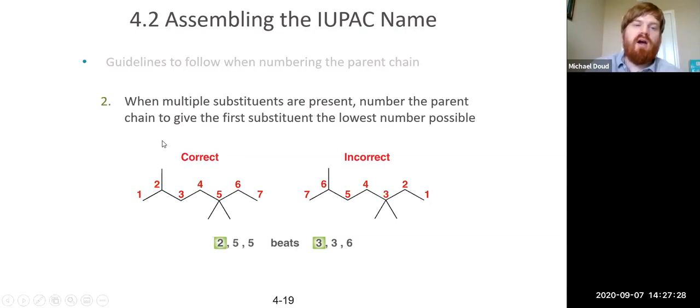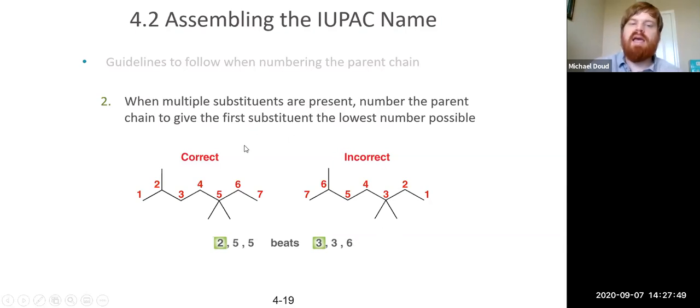So we have methyl on carbon 2 and 2 methyls on carbon 5, if we number it left to right. If we number it right to left, that gives us 2 methyls on carbon 3 and 1 methyl on carbon 6. So the question is, is it 2,5,5-trimethylheptane, or is it 3,3,6-trimethylheptane?